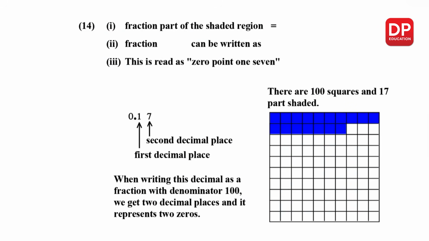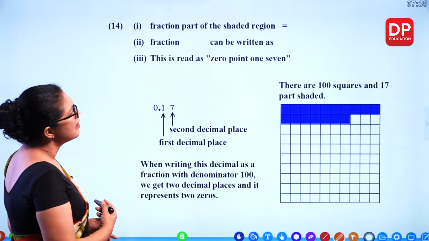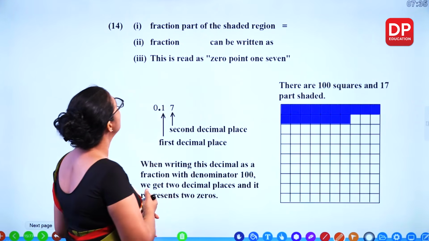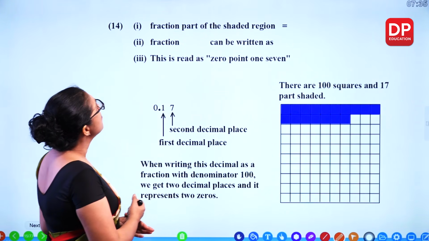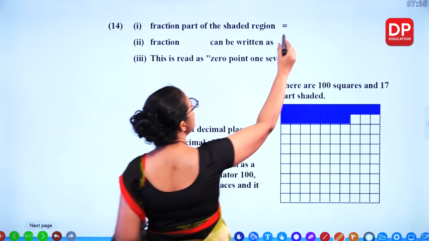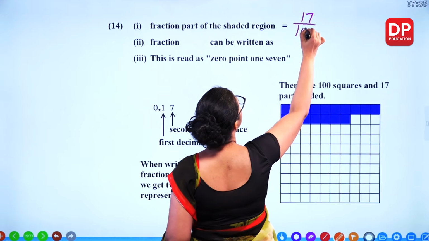Look at this diagram. There are 100 squares and 17 parts are shaded. So 17 squares shaded here. Fraction part of the shaded region: out of 100, 17 parts shaded.